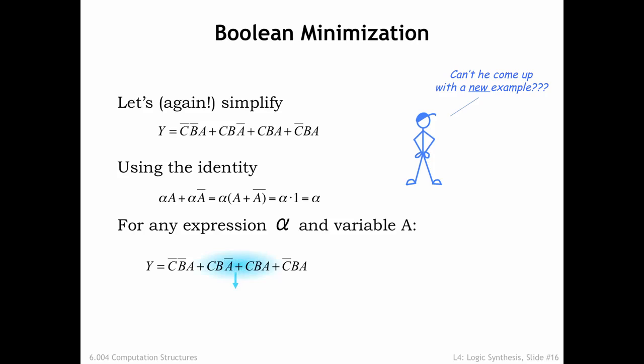So we simplify the middle 2 product terms to just alpha, in other words, c and b, eliminating the variable a from this part of the expression. Considering the now 3 product terms, we see that the first and last terms can also be reduced, this time letting alpha be the expression not c and a. Wow! This equivalent equation is much smaller.